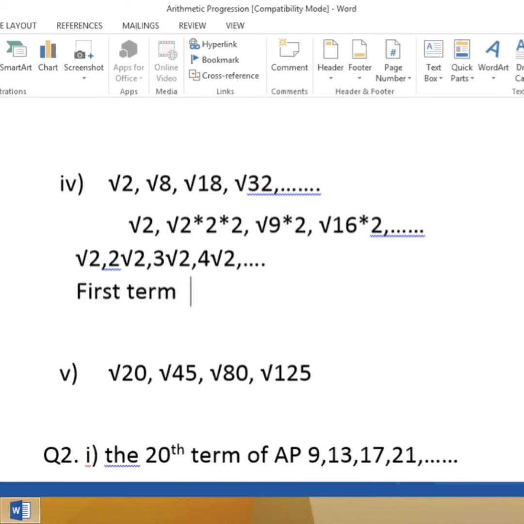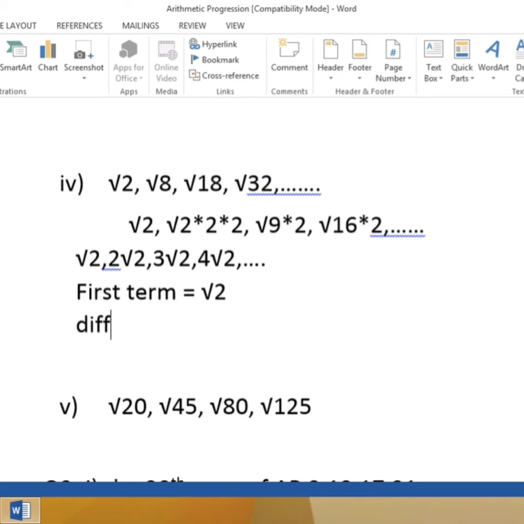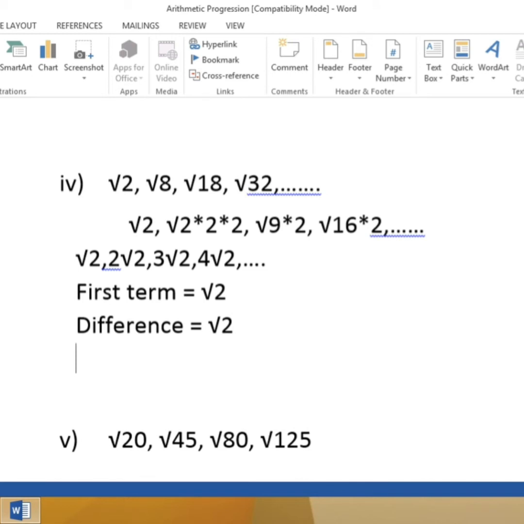First term here is square root of 2. And the difference is 2 square root of 2 minus square root of 2. So 2 square root of 2 minus square root of 2 is square root of 2.